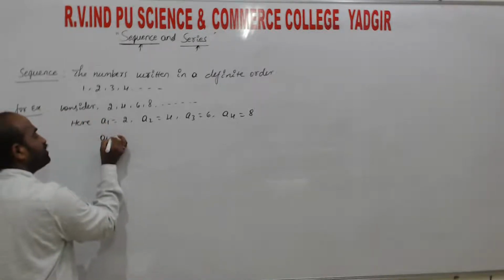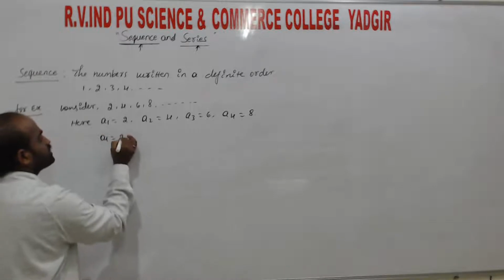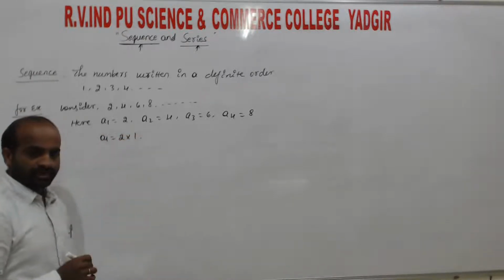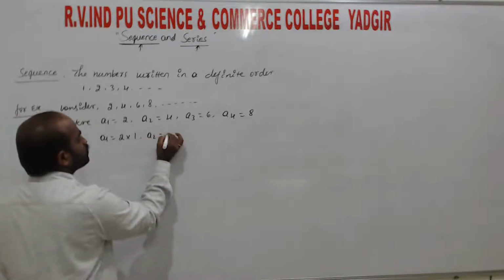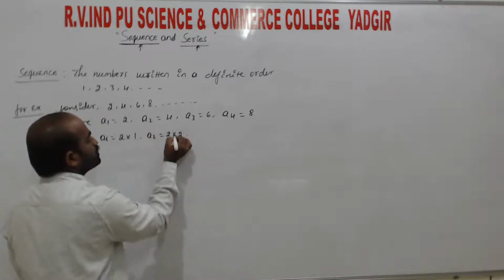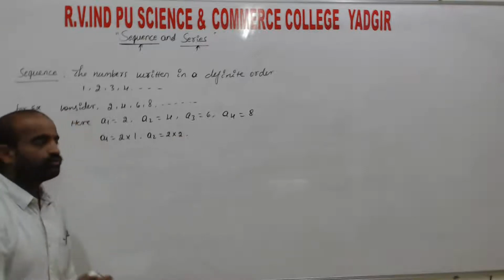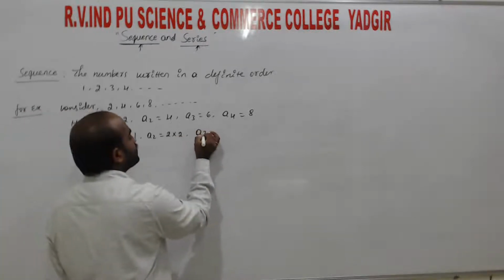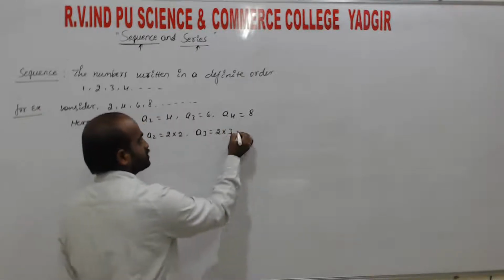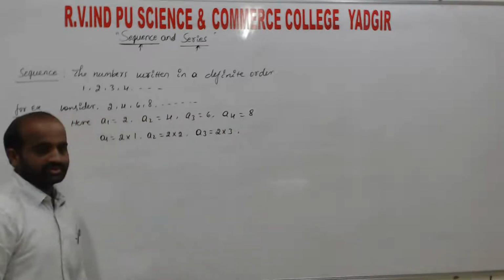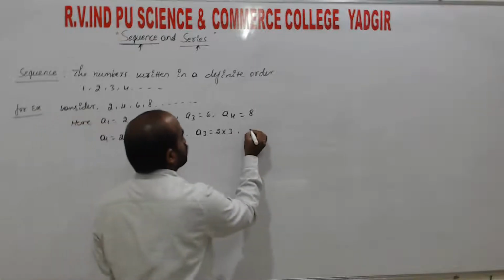Now A1 equal to 2 can be written as 2 into 1. Observe that. A2 is equal to 2 into 2, which is 4. A3 is equal to 2 into 3, which is 6. Multiply by 2 only.